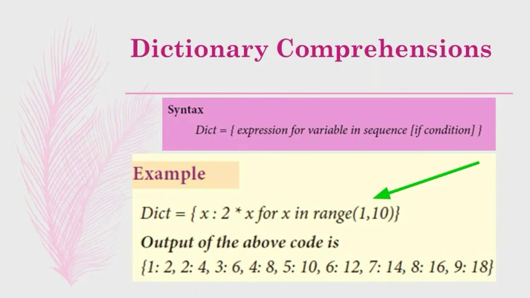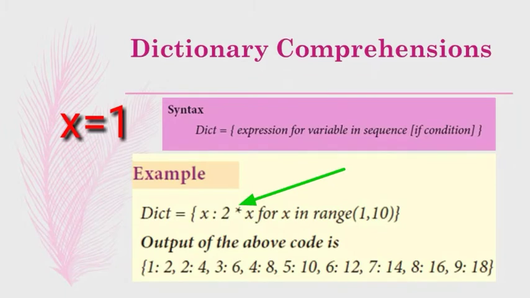So x is equal to 1 to 9. Here the expression is 2 into x. The first value is x equal to 1. So 2 into 1, answer 2. So 1 colon 2. Next comma. Update the value, x is now 2. 2 colon 2 into 2, so 2 colon 4.